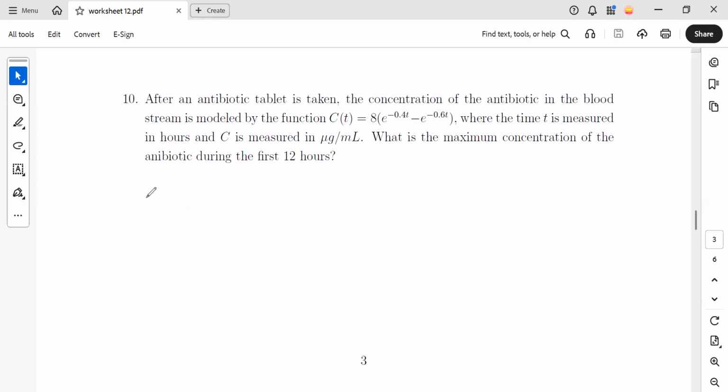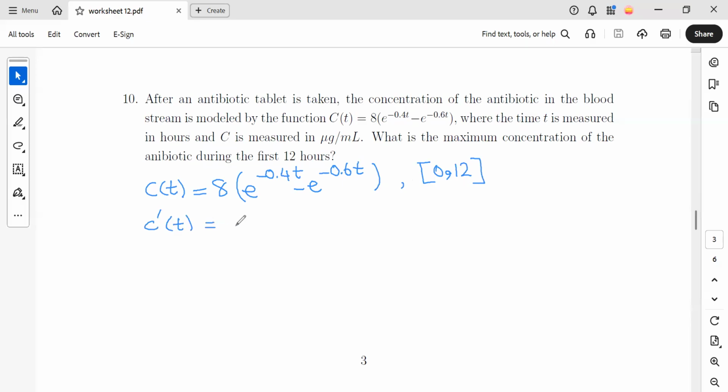Okay, based on the question, C of t is 8 times e to the power -0.4t minus e to the power -0.6t. And the interval is 0 and 12. So we need to find the derivative for this one.